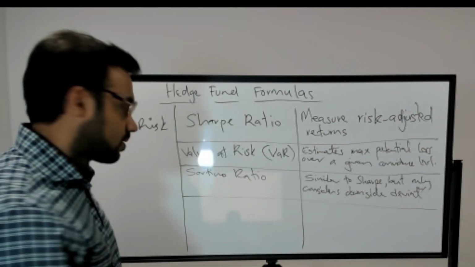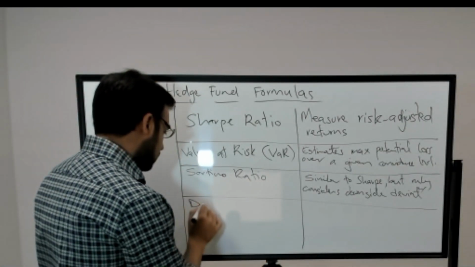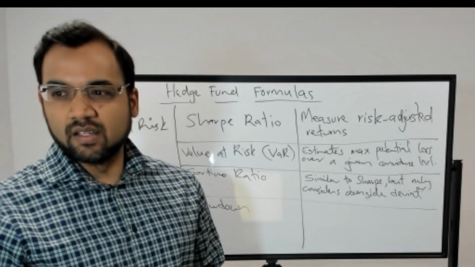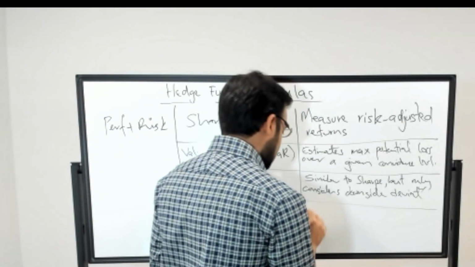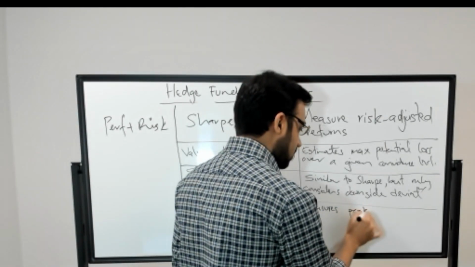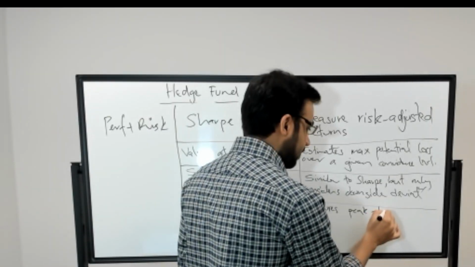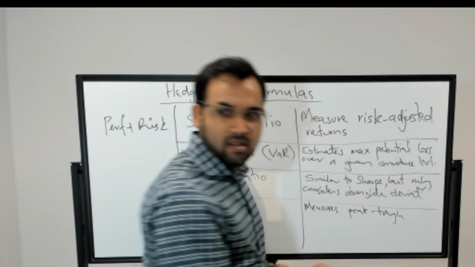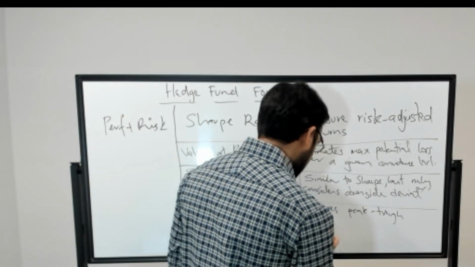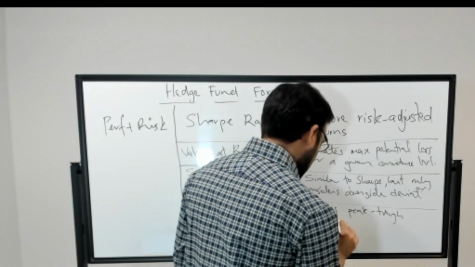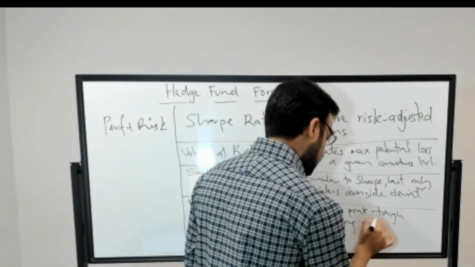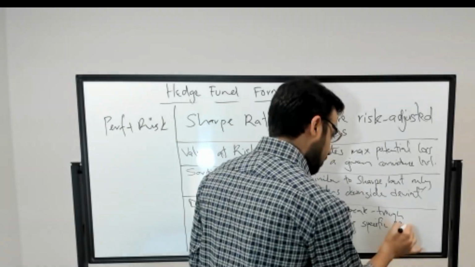Next one is drawdown. This is pretty basic. It measures peak to trough decline during a specific period.